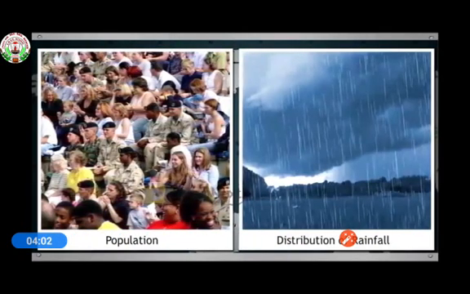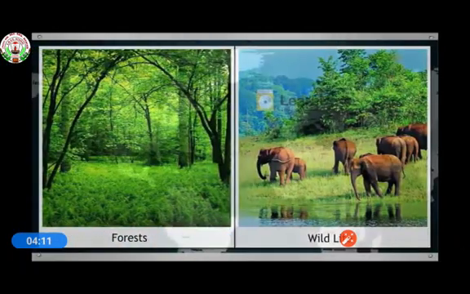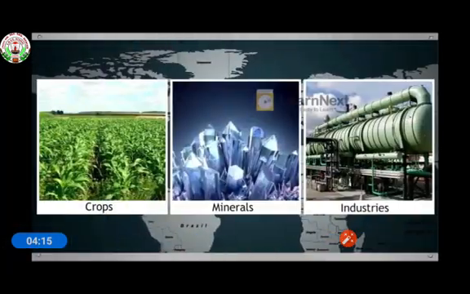Maps can also be used to provide information about population, distribution of rainfall, forests, wildlife, crops, minerals and industry.